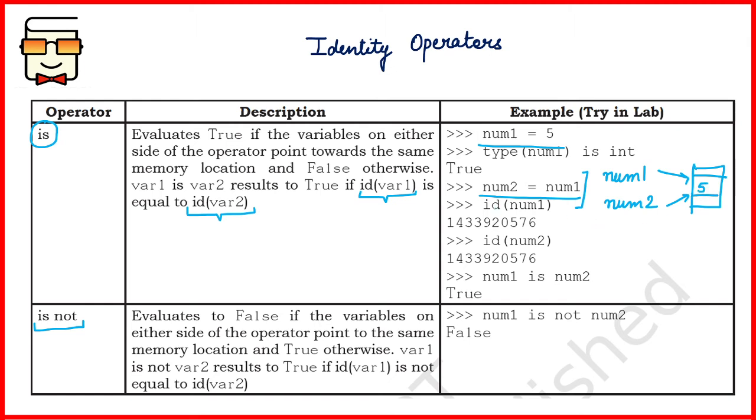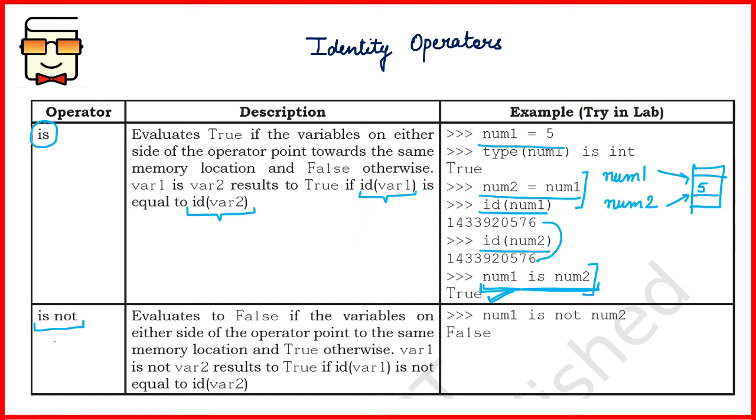So the ID of num1 and the ID of num2 would be exactly the same. Therefore, when you evaluate num1 is num2 in the Python shell, it will give you the answer true, that yes, both these objects point to the same memory location and their IDs are also the same.